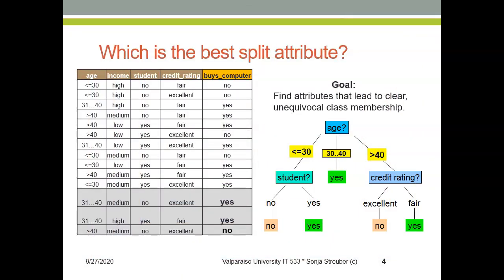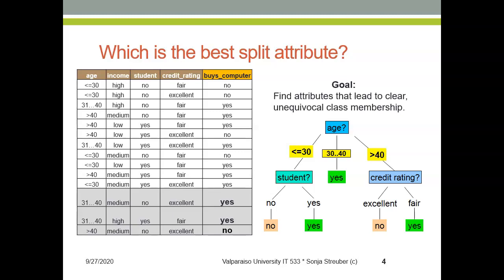One of the biggest conundrums in generating a decision tree is to find the optimal split attribute, that is, the attribute on which to split the tree at every level of the hierarchy. We want to find attributes that lead to a clear, unequivocal class membership.